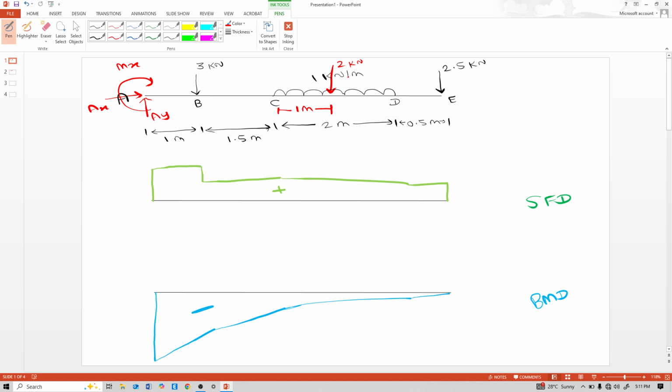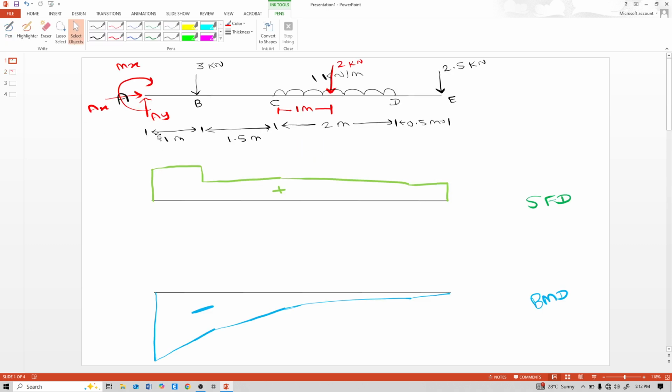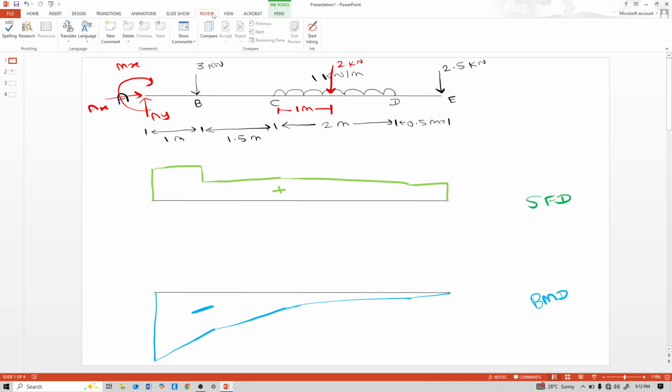So AY minus 3 minus 2 minus 2.5 equals 0. So this AY is 7.5 kN.